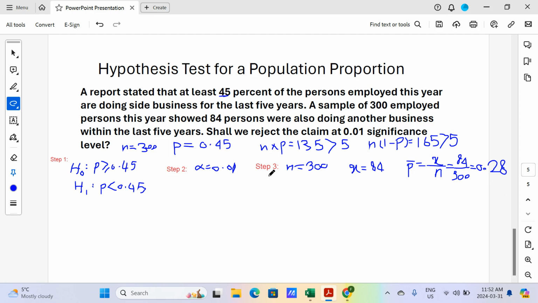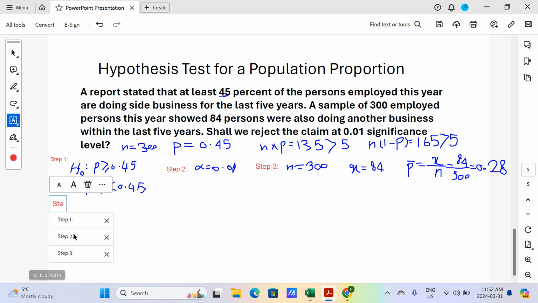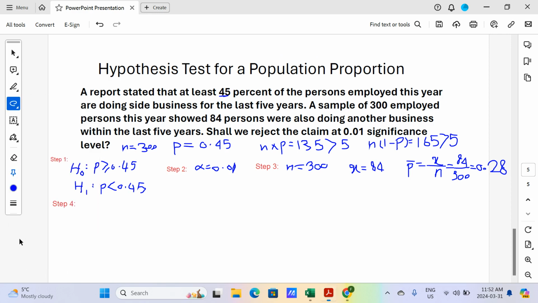So in step 3, we summarize the information about the sample. Now in step 4, I need to identify the rejection region clearly and check if the Z value of P bar, the sample proportion, falls within the rejection region or not.